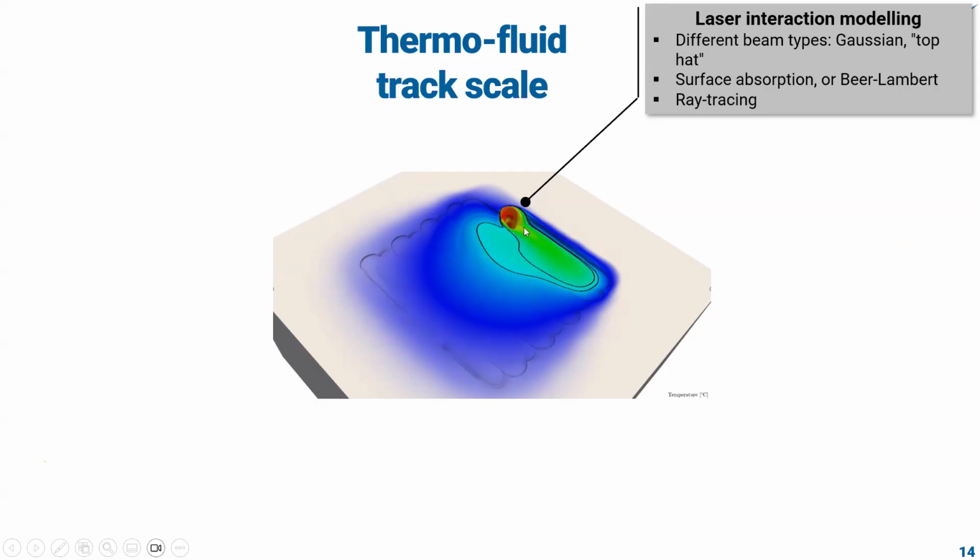But I've not mentioned this, but we have to realize that during laser scanning, the beam interacts essentially with the melt pool, with the liquid, not with the powder bed.